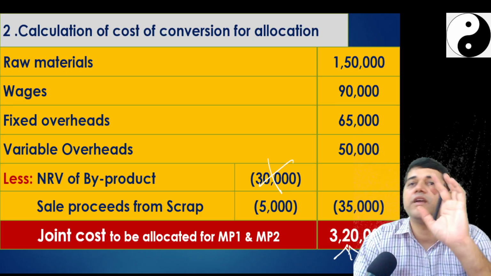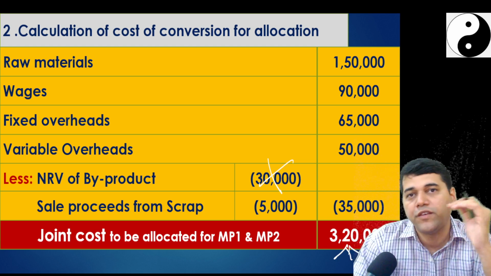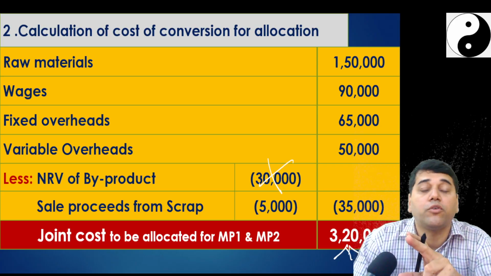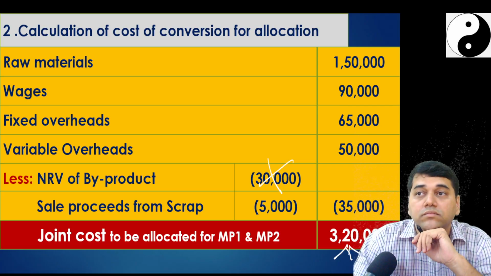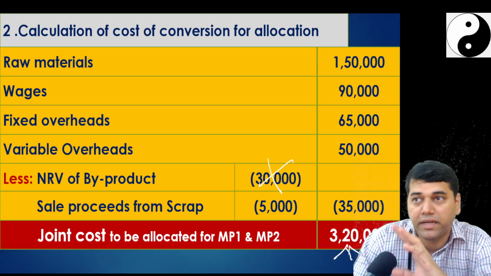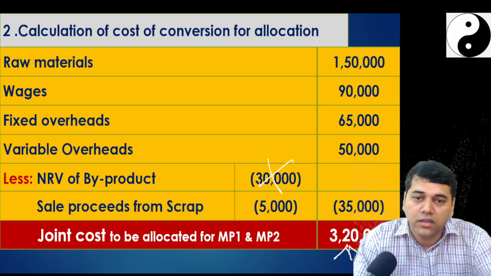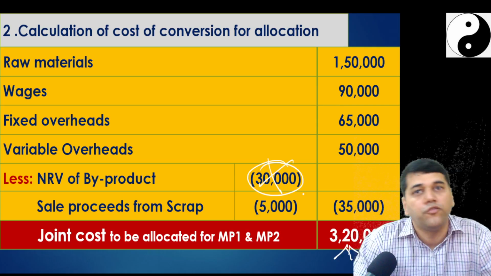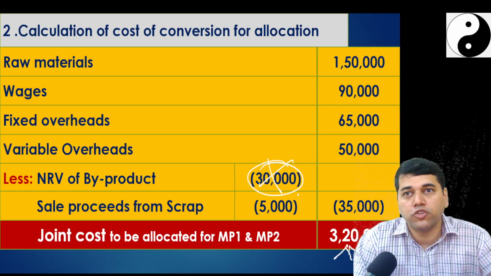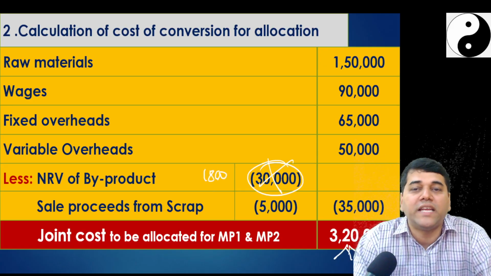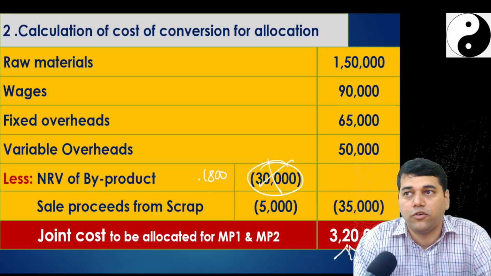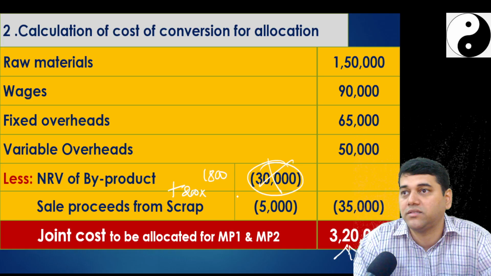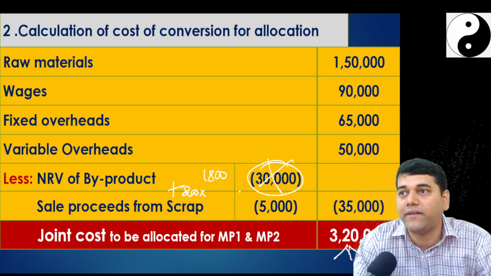If at all closing stock was there for this, first tell me, is that byproduct material or immaterial? Immaterial. Same story. Then in the first step, when you deduct this, how much did you multiply? Full production. If closing stock was there, then you would have multiplied with 1,800 plus 200 into the cost. Because closing stock also should be reduced from the valuation of this.